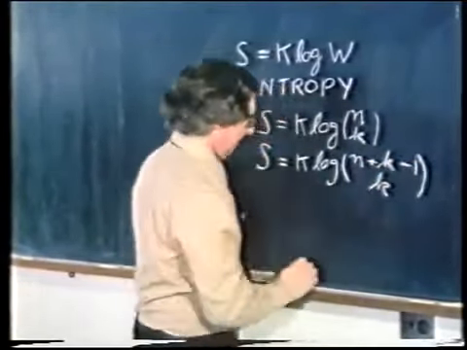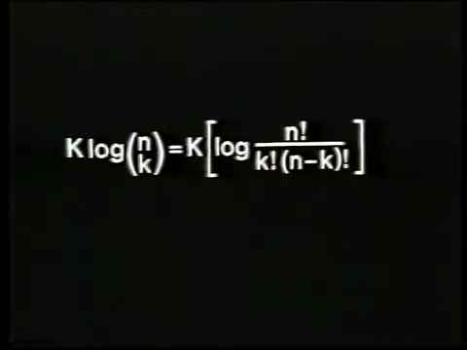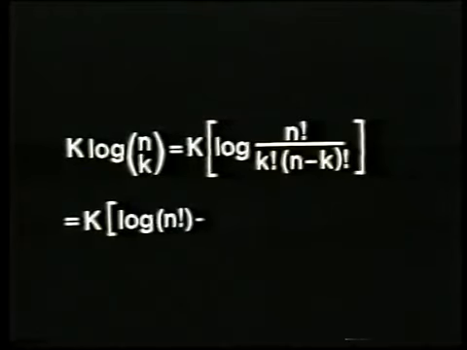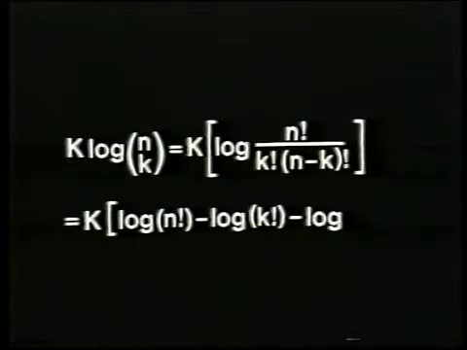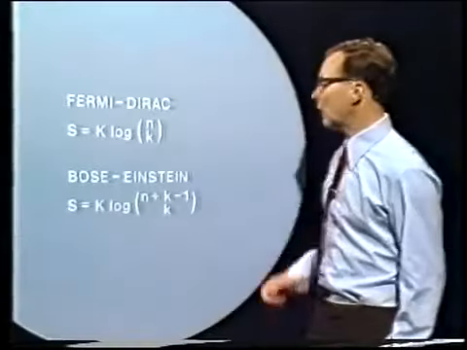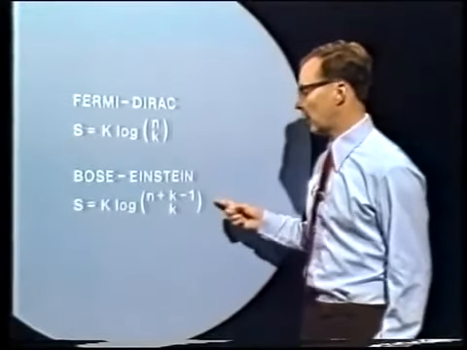Well, k log n choose k is equal to k log n factorial over k factorial n minus k factorial. And we can expand this log term to give k times log of n factorial minus log of k factorial minus log of n minus k factorial. And now let's do the same sort of thing for the Bose-Einstein case.